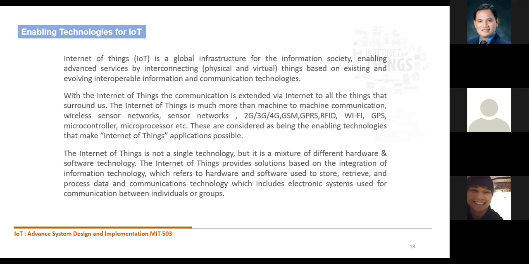Enabling technologies can be grouped into three categories. First, technologies that enable things to acquire contextual information. Second, technologies that enable things to process contextual information. And third, technologies to improve security and privacy.